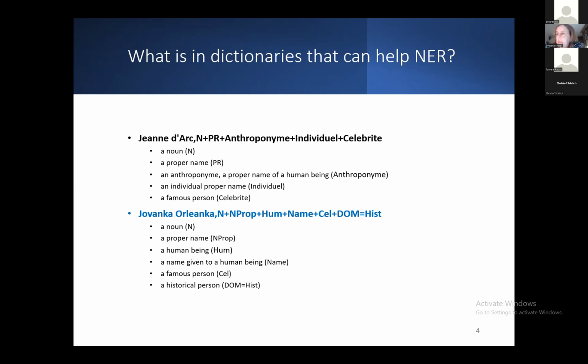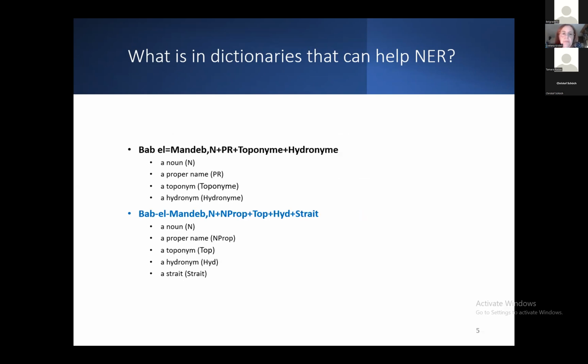What we see here is that the dictionaries use the same format for French and Serbian, but the information need not be the same. A different set of markers can be used, as the developer of the dictionary finds most suitable for the language or purpose. Here we see something similar.